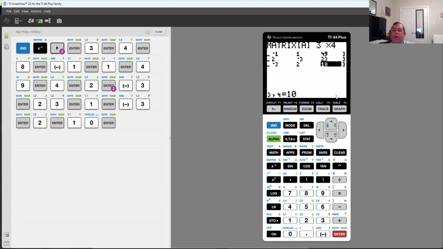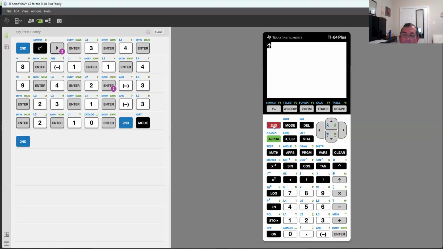Once you hit enter, it has all your numbers up here on the screen. So what do we say? We're going to hit second mode and quit the screen. So second mode, we now quit that screen. Now we got to go get the RREF. So second, x negative 1, arrow right to math.